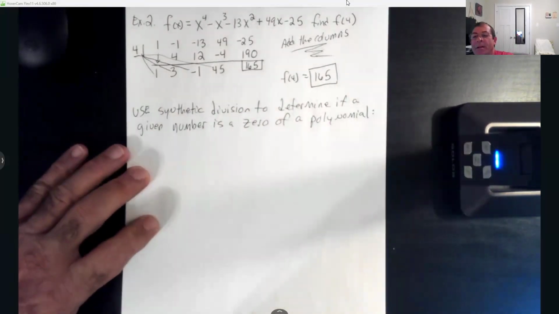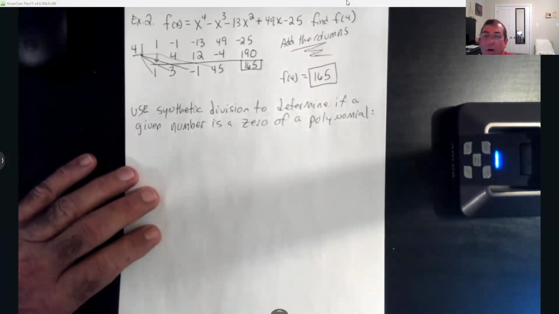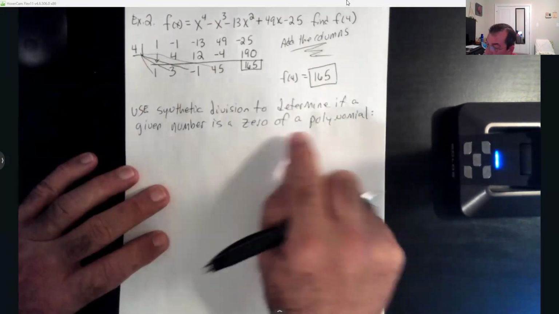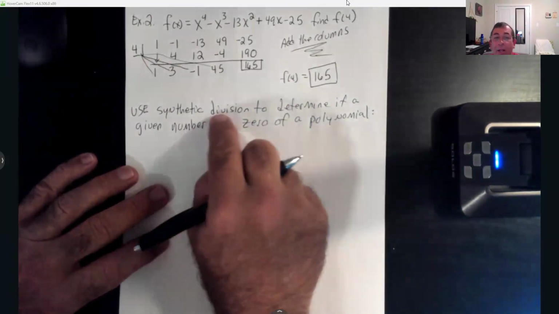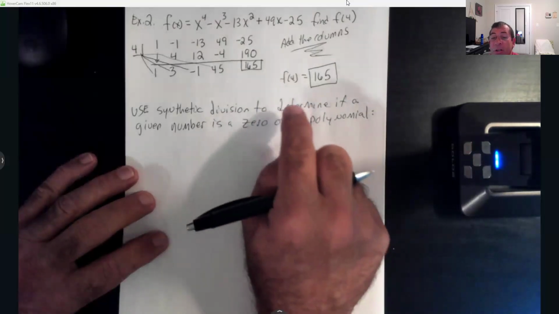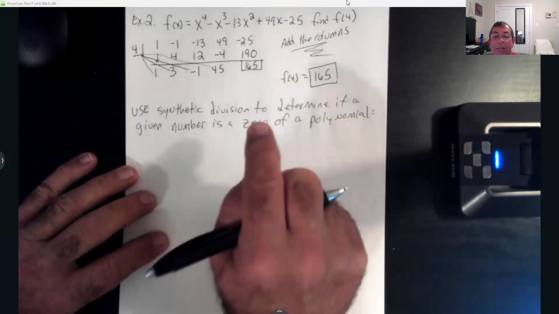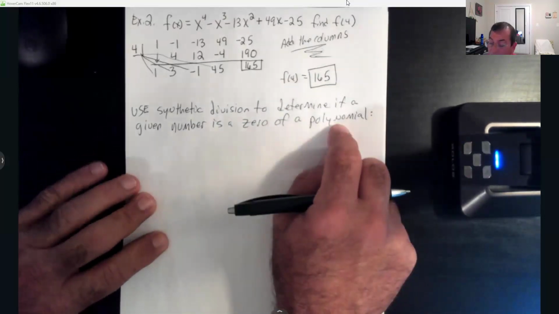Now you got to remember this. Zeros are the answers to the polynomial or the solutions. So we can use synthetic division to determine if a given number is a zero of that polynomial.